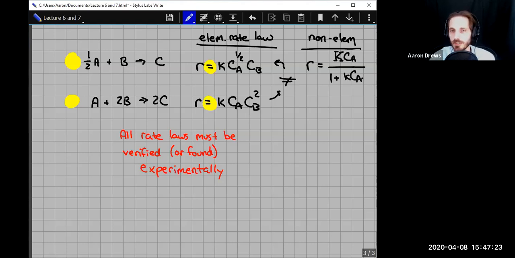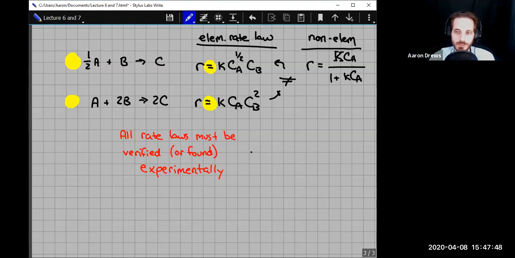That would be non-elementary. That is actually a very common form for bioreactions, and you'll see it on the project. And there's no way to guess this form. I could never tell you enough information that would result in you happening to guess the correct form of that. So that's an example of a non-elementary rate.